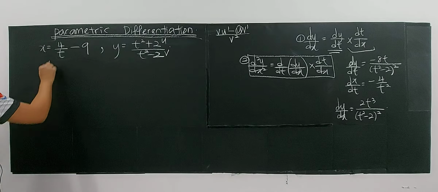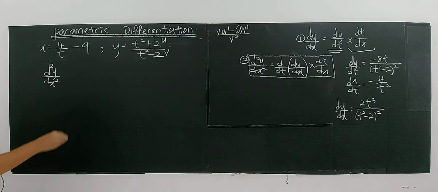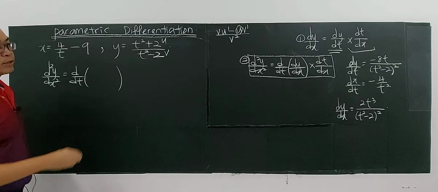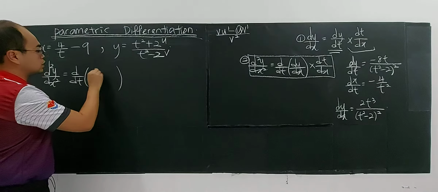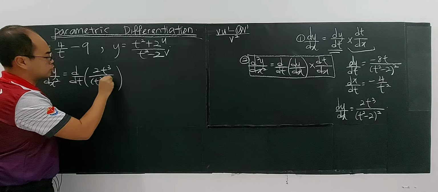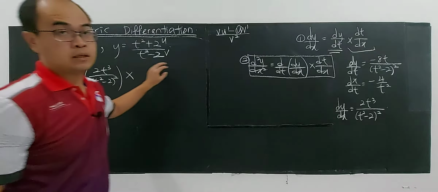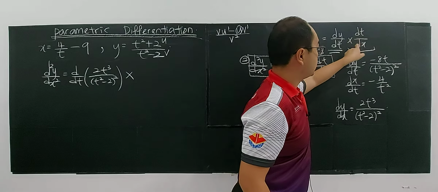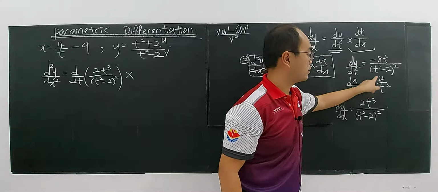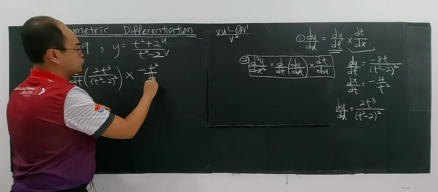I have to differentiate dy/dx with respect to t. The dy/dx in this case is 2t cubed over (t squared minus 2) to the power of 2, multiplied with dt/dx. dx/dt is negative 4 over t squared, so dt/dx will be negative t squared over 4.